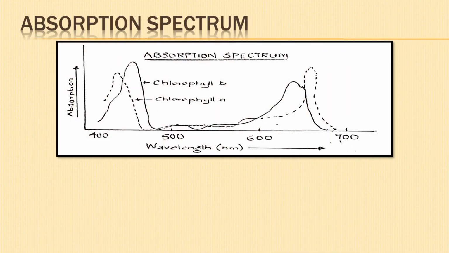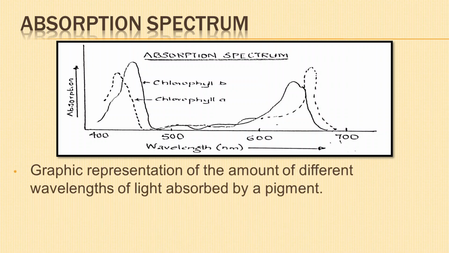Each photosynthetic pigment has a set of wavelengths that it absorbs, called the absorption spectrum. It is a curve or graphic representation of the amount of different wavelengths of light absorbed by a pigment.